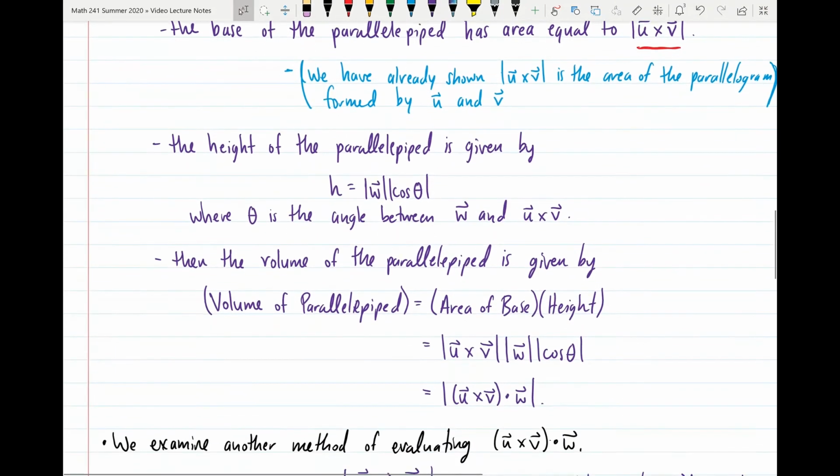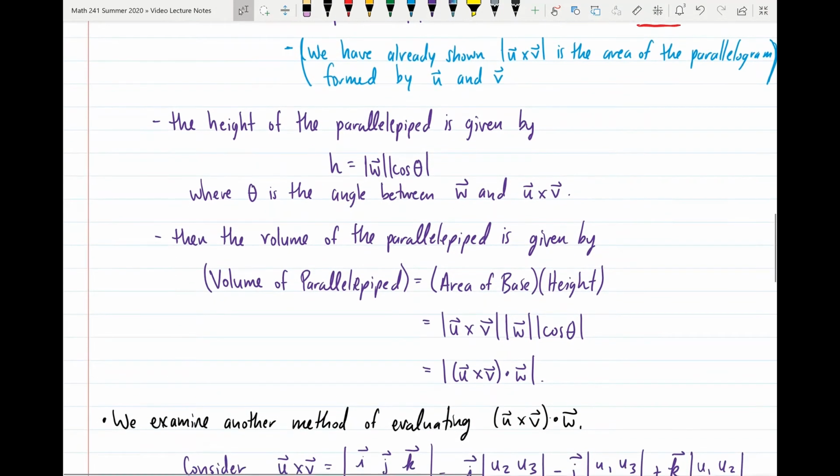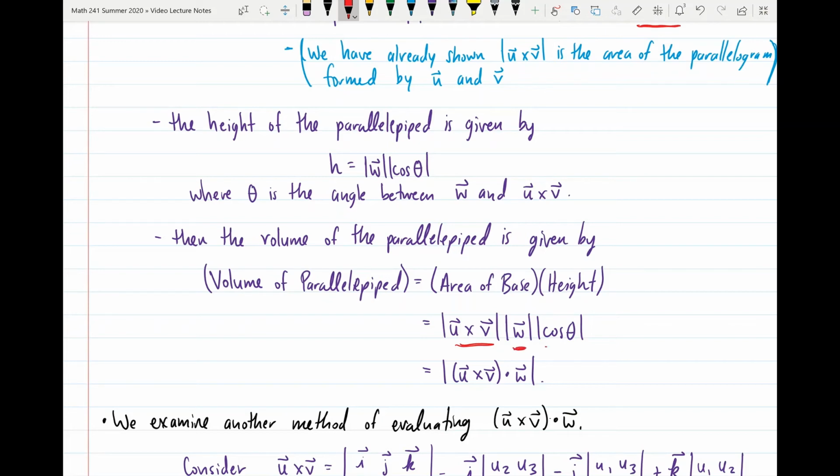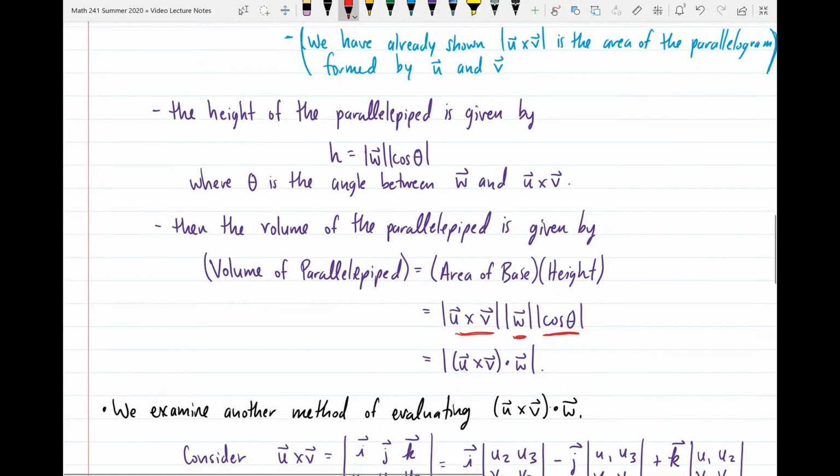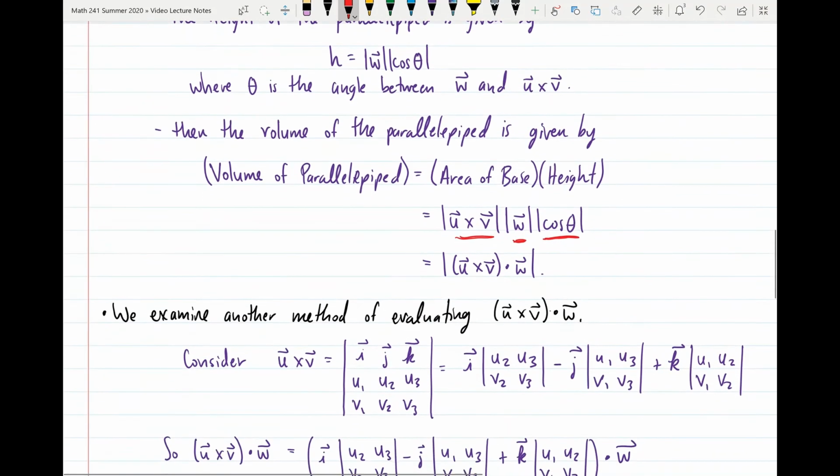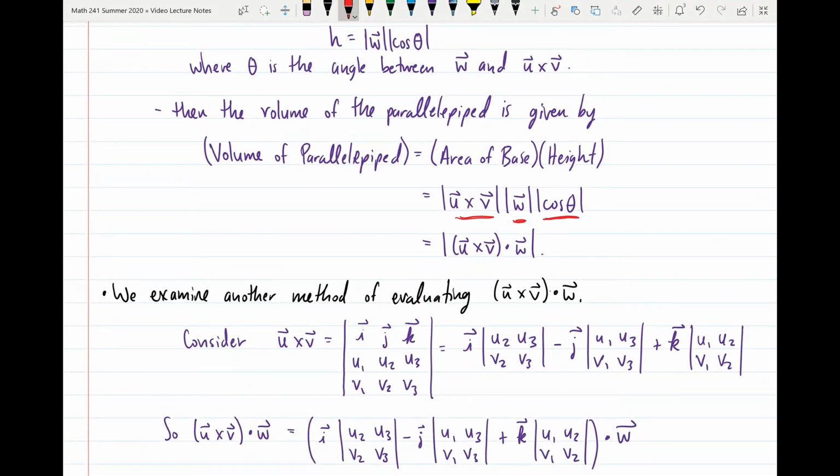As we just discussed, the area of the base is the magnitude of u cross v, and the height is the magnitude of w times the absolute value of cosine theta. And now we can conclude that the volume of the parallelepiped is given by the magnitude of our triple scalar product, u cross v dot w.